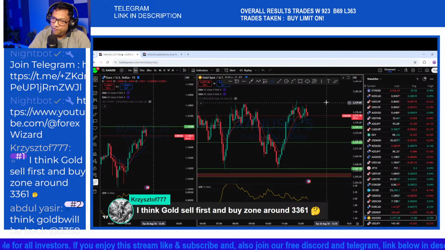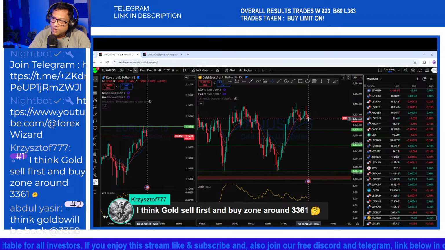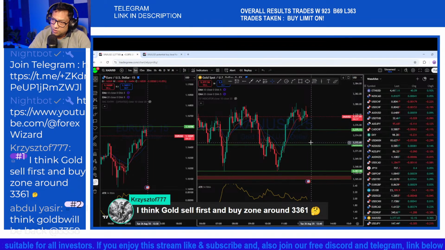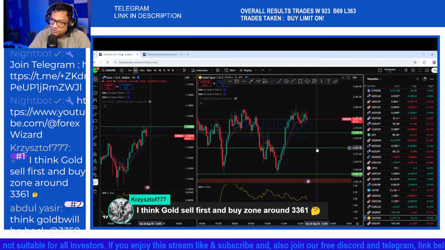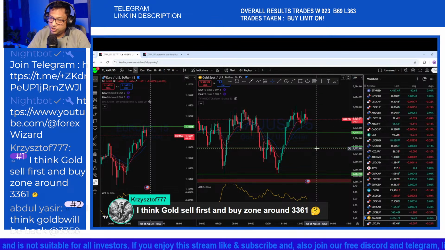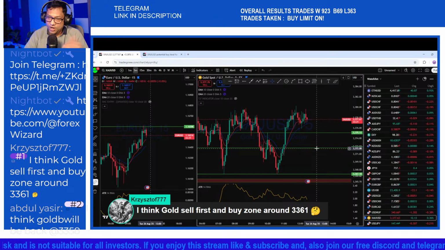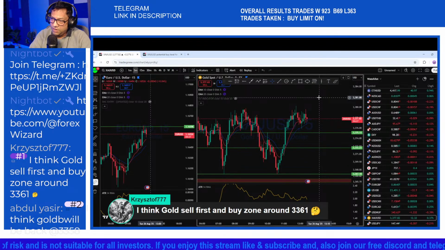You can see a 5 minute bear candle, expecting the market to break that low and then cross that support, potentially to trend back again to the major direction.